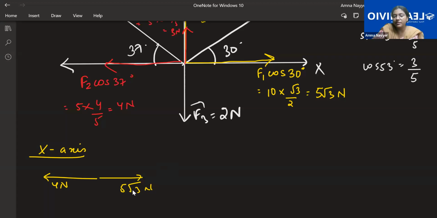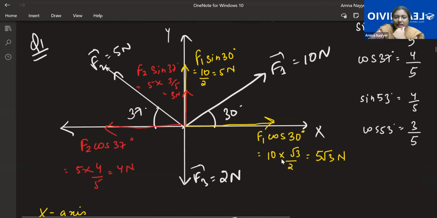It will be even greater than 5. 5 into 1.73 will be something related to 6. So the force along the x-axis will become 5 root 3 minus 4. This is along the x-axis.